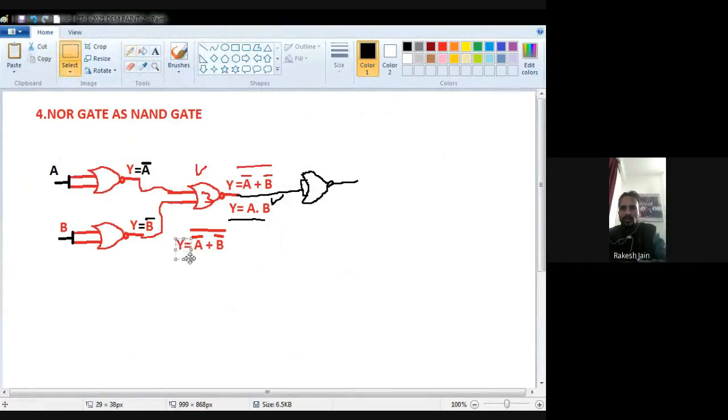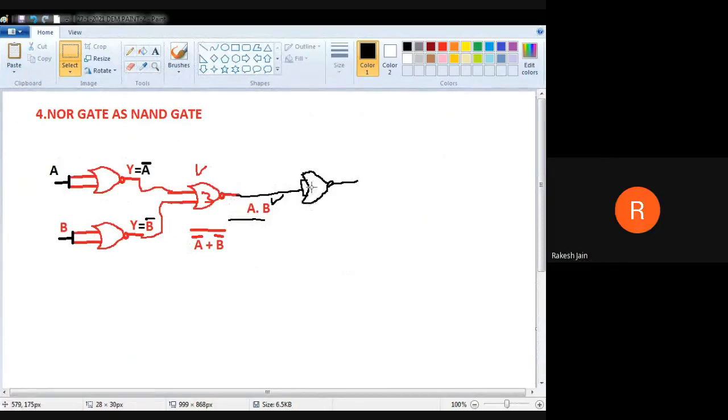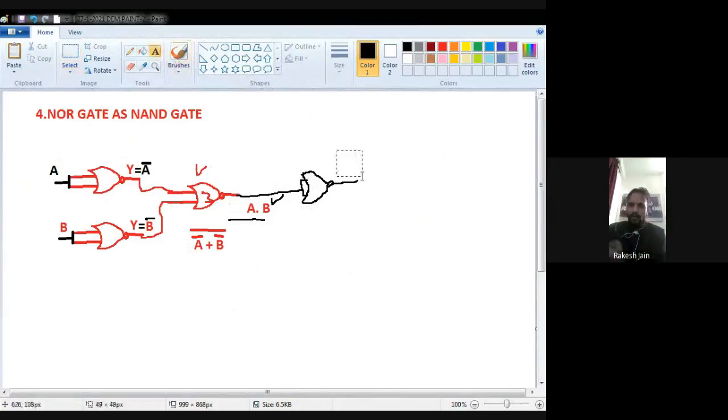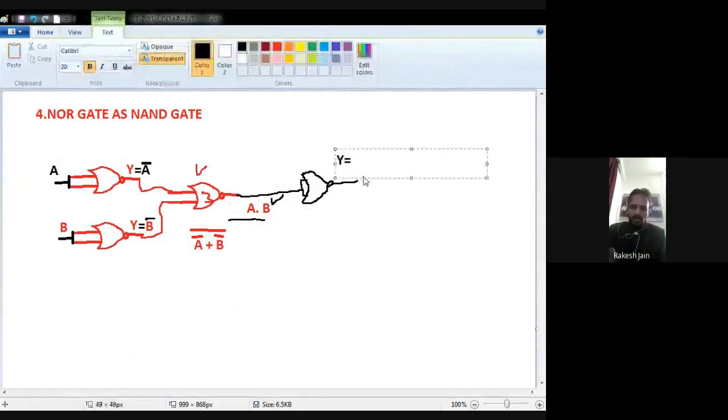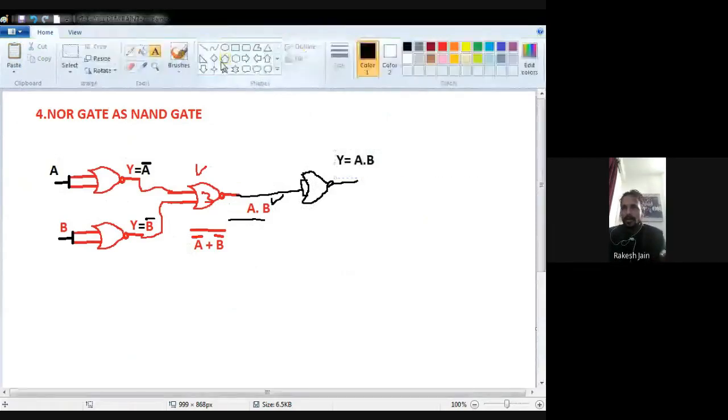So I use one more NOR gate which behaves as an inverter. Now this will generate your final output. This is not your output actually. I remove this one because we have already proved that here the equation is A dot B. Now if I put this A dot B, the output of the AND gate, to the fourth NOR gate which behaves as a NOT gate, then the output will be the complement of the input.